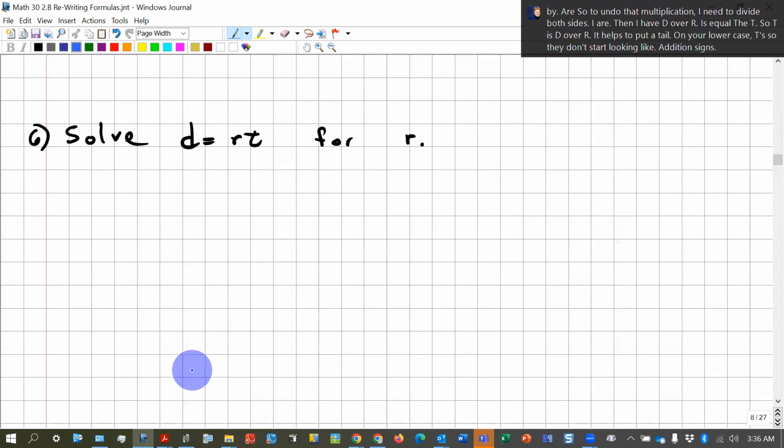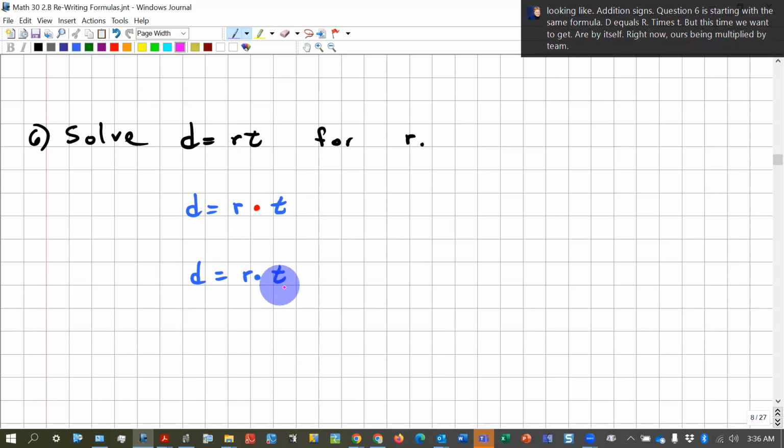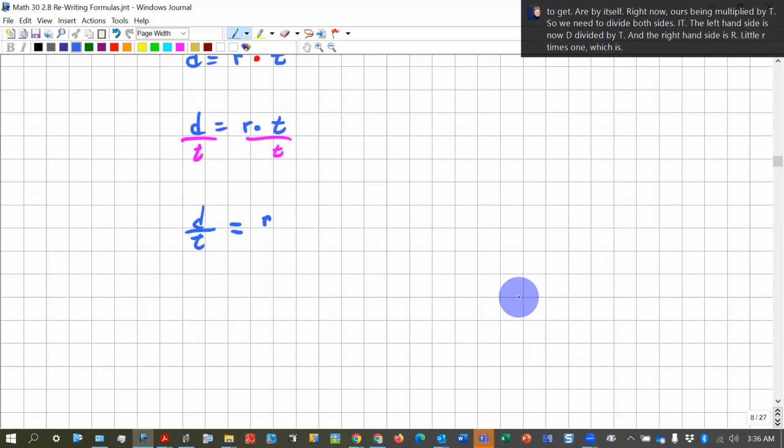Question 6 is starting with the same formula, D equals R times T, but this time we want to get R by itself. Right now, R is being multiplied by T, so we need to divide both sides by T. The left-hand side is now D divided by T, and the right-hand side is R, little r, times 1, which is just little r.